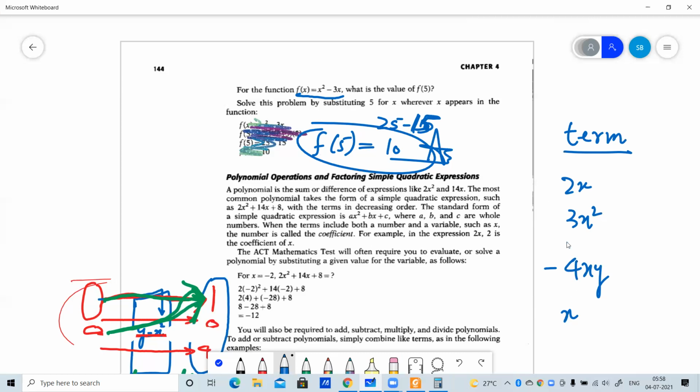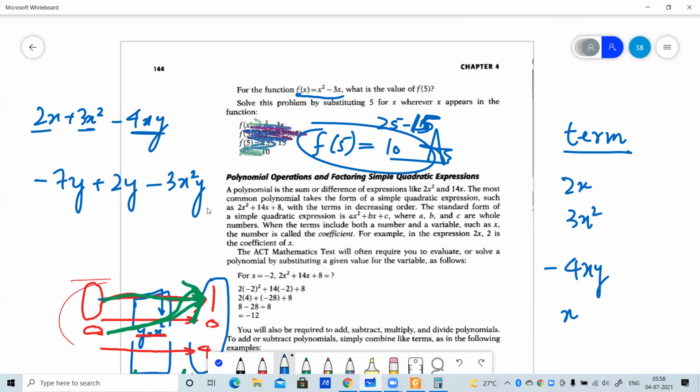Now, if I combine these terms, for example, by adding or subtracting them, 2x plus 3x squared minus 4xy, now we are having 3 terms, 1, 2, and 3, right? And if I have one more example as negative 7y plus 2y minus 3x squared y, this is also a combination of terms.